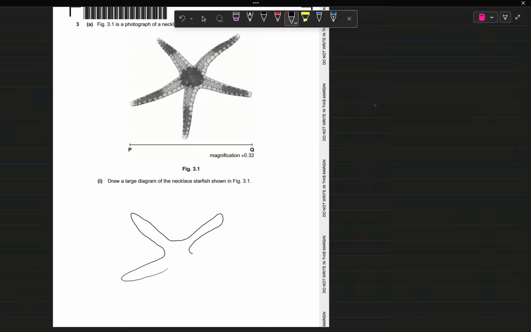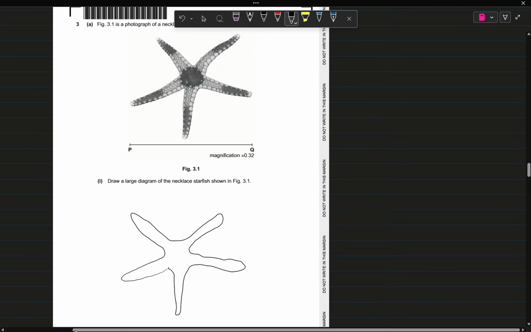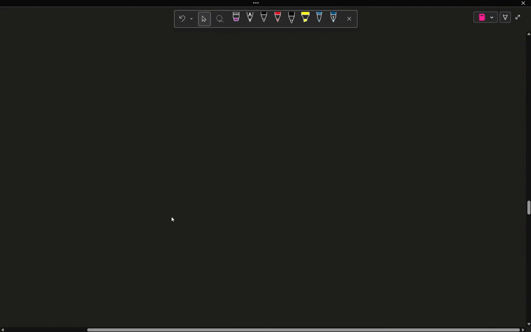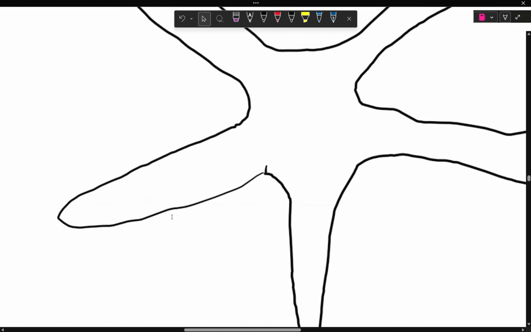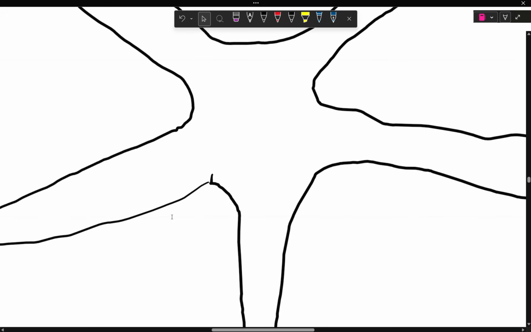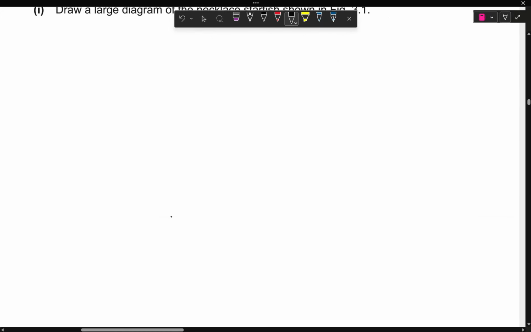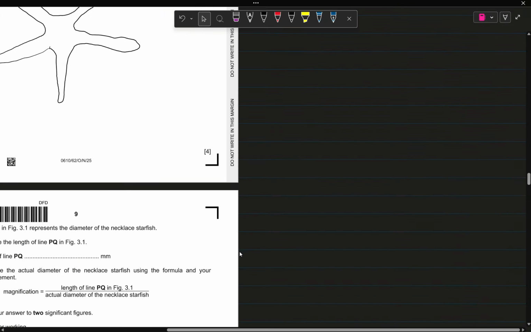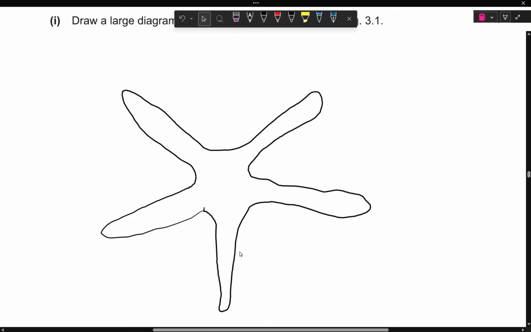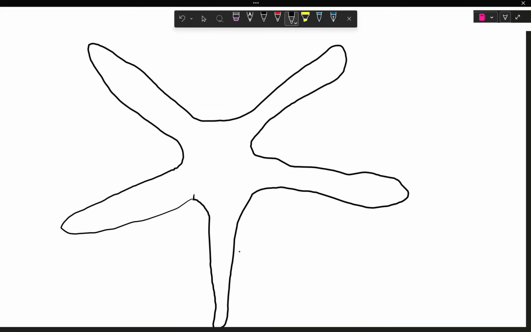Okay, so this is a drawing, for example. You try to draw it as accurately as possible, like so. Now you can see here that there's a small excess section. This is actually wrong, so you shouldn't have this. In your actual drawing, you should be able to just erase this excess bit, but since I'm doing it digitally, I can't really.